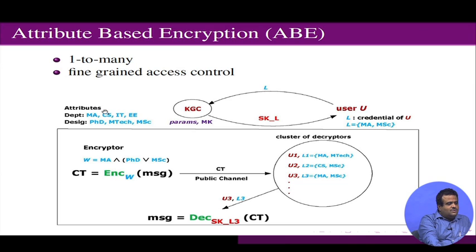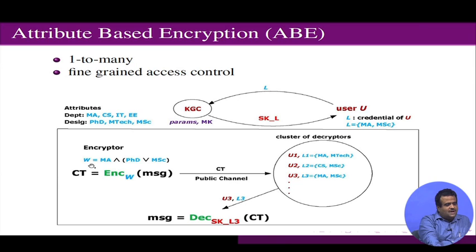Now, the attributes are basically the departments: MA, computer science, ITE. Then the course in which the student is enrolled, like whether it is PhD, MTech, MSc. These are basically the designation of the student. Now we want that encryption should be done if these attributes are satisfied.